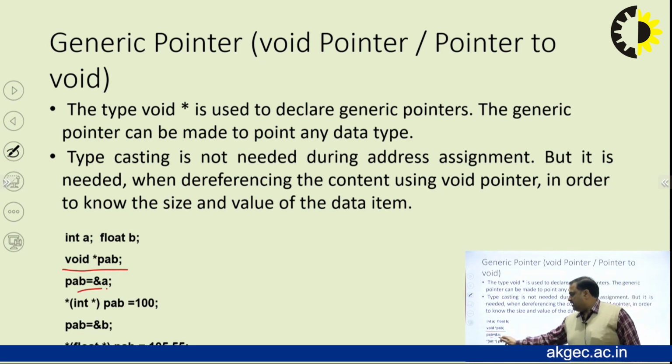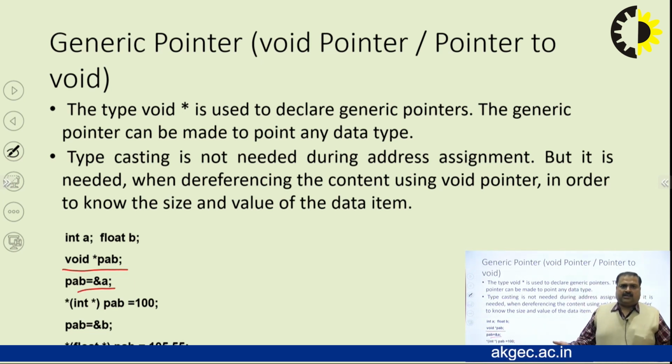It is simply holding some address. Addresses are similar; there is no relation with the type. So, any address can be stored by them, but if we want to access the value, then we will convert it into a particular type.